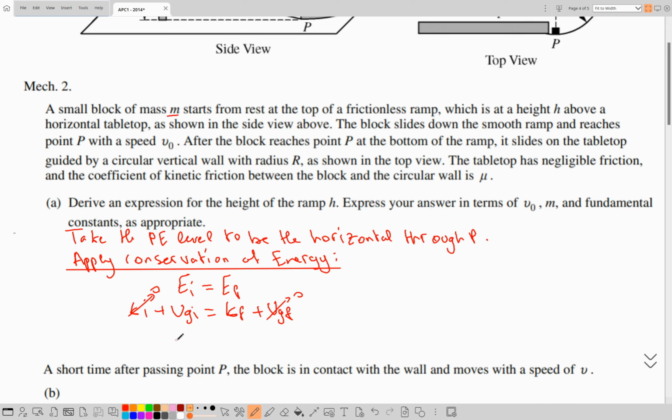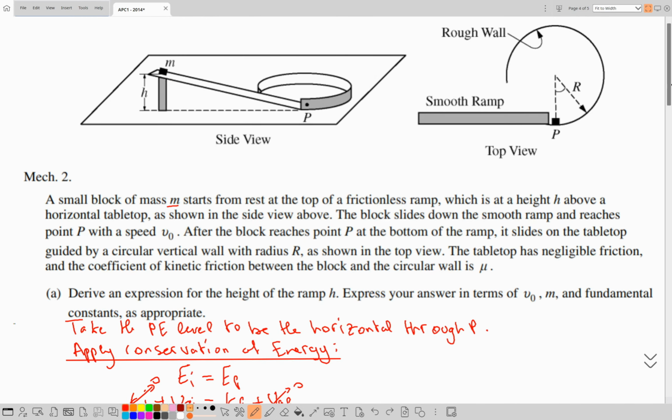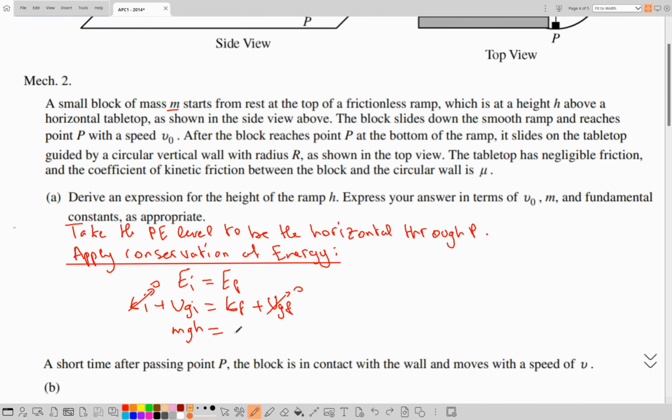The mass is m, so the potential energy is mgh, where h represents the initial height, and that equals half m v0 squared. Now what does v0 represent? v0 represents the speed at point P. Cancelling the mass, gh is half v0 squared, and indeed h is given by v0 squared divided by 2g.